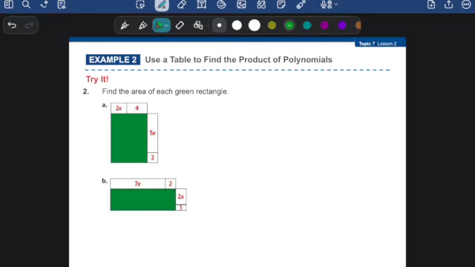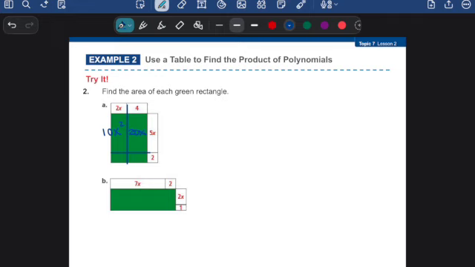So let's find the area of these two algebra tiles. Again, you can just think of it like an area model, so I'm going to divide it up like so. And we're going to write the area in each box. 2x times 5x is 10, multiply the constants, and then x times x is x squared. So be careful with that. Make sure you're applying your exponent rules. 4 times 5 is 20 times x.